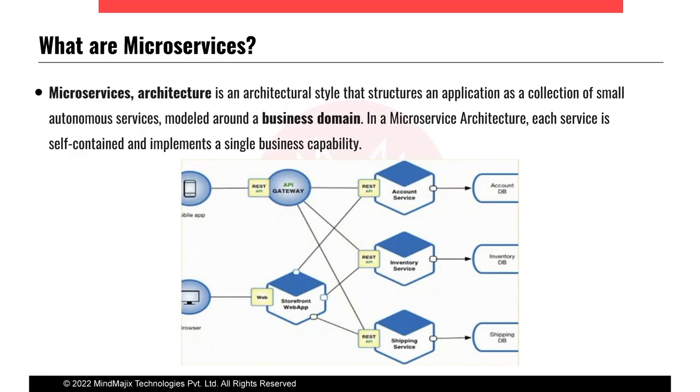That is microservices. It is an architectural style in which an application is a collection of small autonomous services. Here you can see small autonomous services, combined with each other, called microservices.